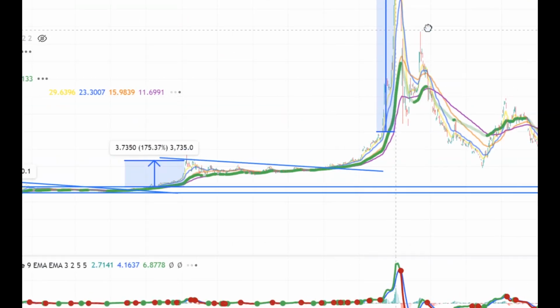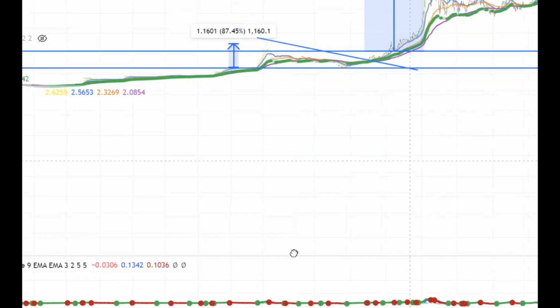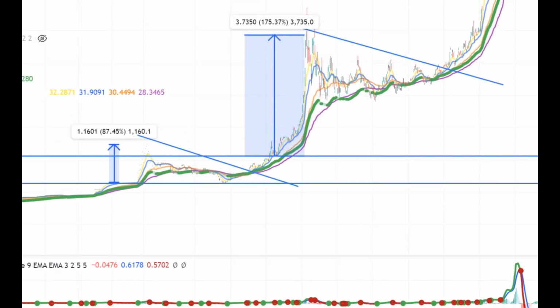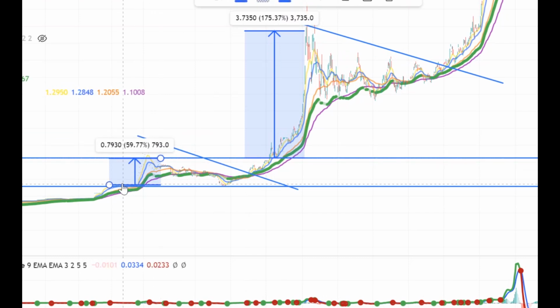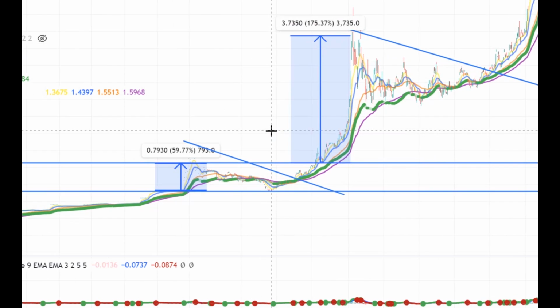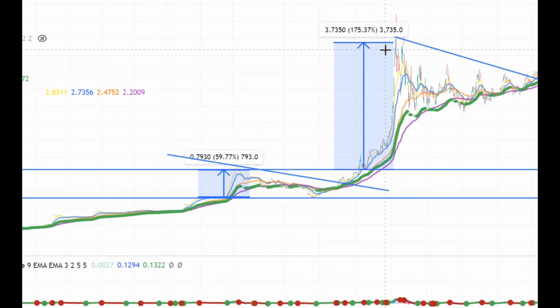So here we go. There's maybe leg one. It's up 100% over a couple of years. So commodities can move a lot slower. Stocks can do this in a matter of days or even hours. But there's your second leg. It's up 200% in about a year.